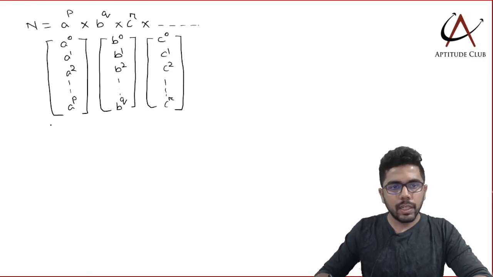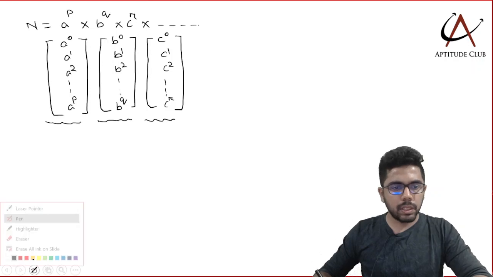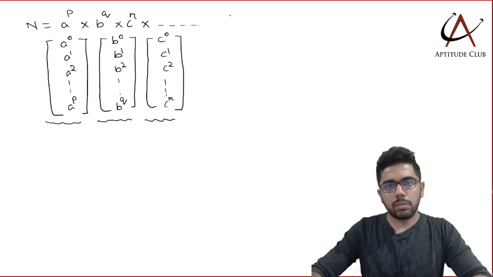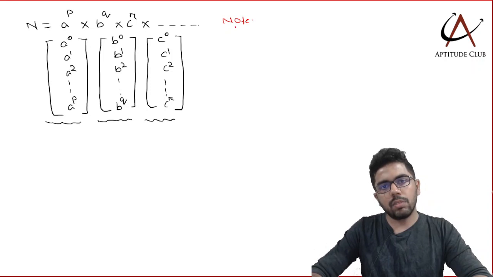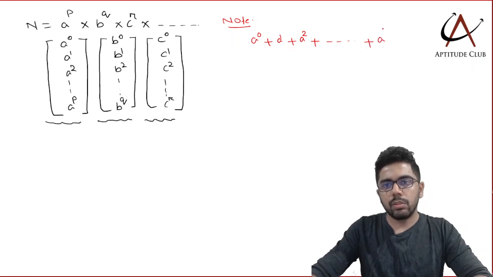Alright. Now if I individually look at these brackets, I'll have to add them. तो एक ब्रैकेट में एक्सप्लेन करता हूँ. तो सिमिलरली विल वर्क ऑन अदर ब्रैकेट्स. Suppose I'll take one bracket, this a to the power 0 plus a to the power 1. I'll have to add these numbers, a square till a to the power p.